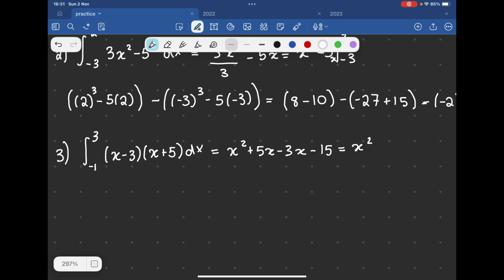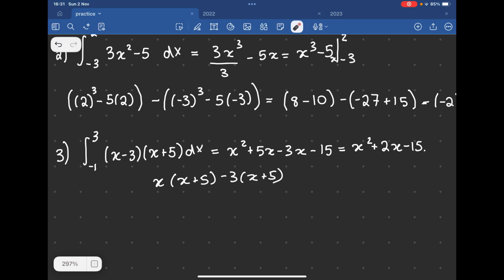Tidy it up and we get x squared plus 2x minus 15. Remember, if you don't know how to expand the brackets, we just do x multiplied by x plus 5 minus 3x plus 5. And you just go whoop, and whoop, and whoop, and whoop.